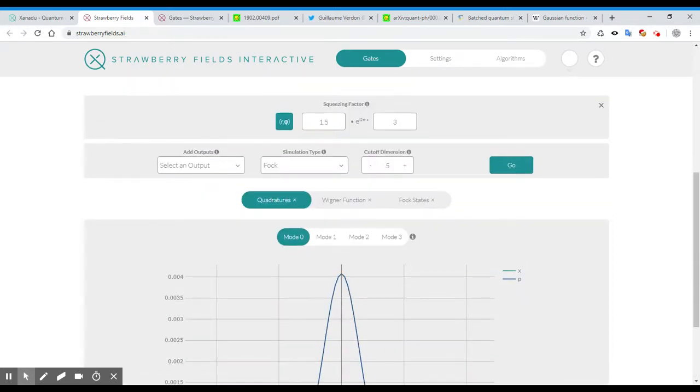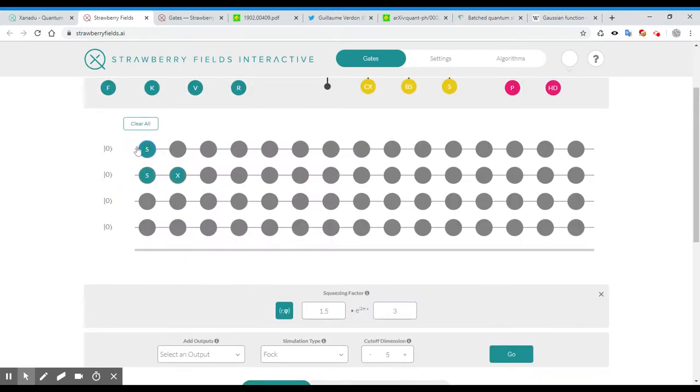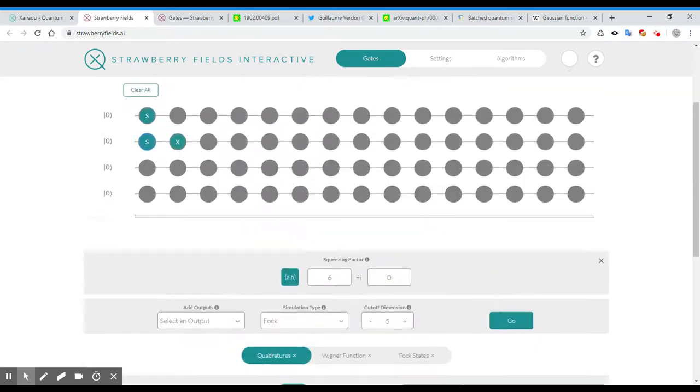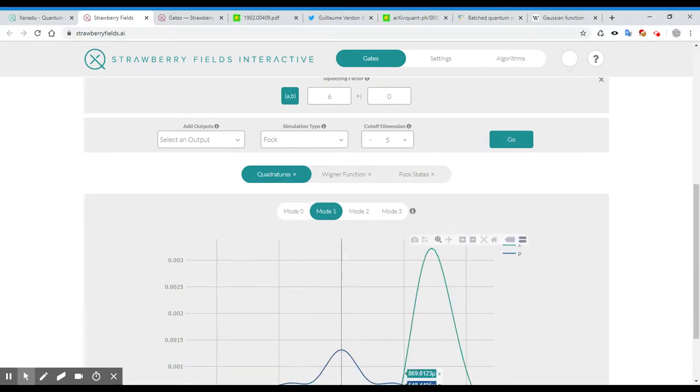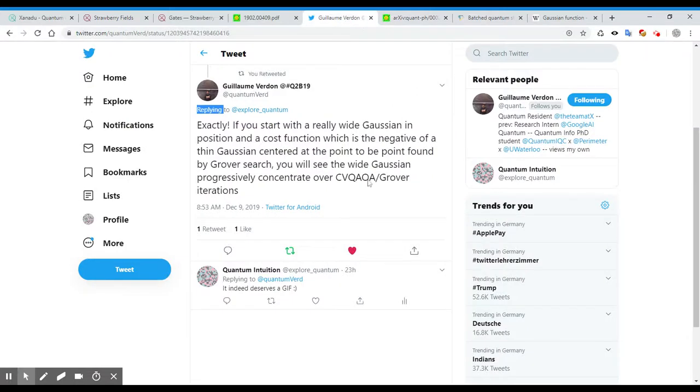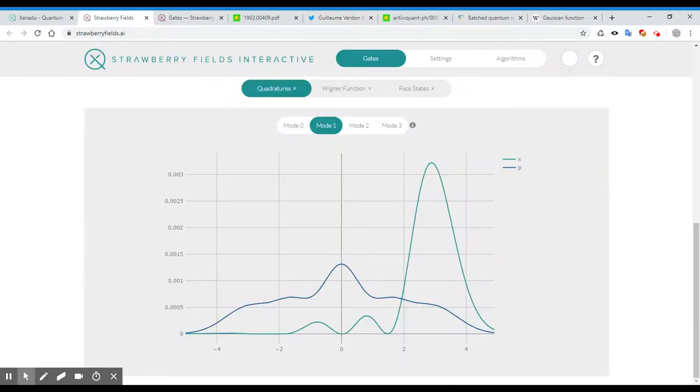Okay, so I haven't really moved much forward, but that will be my first attempt to prepare the initial state. You will compose these things later, right? Because here what I'm trying to do is make the cost Hamiltonian, which is supposed to be the negative of a thin Gaussian centered at the point to be found, and this is intuitively what Grover is doing also.